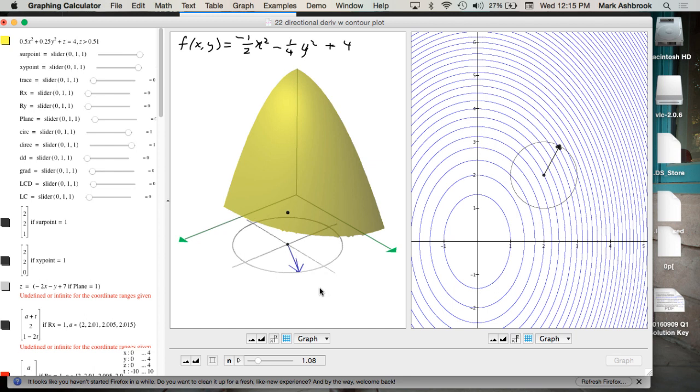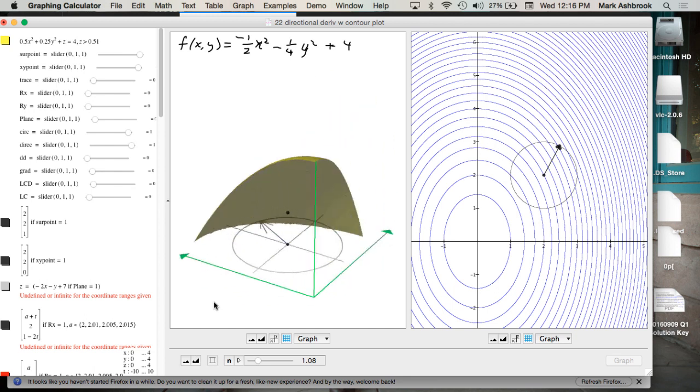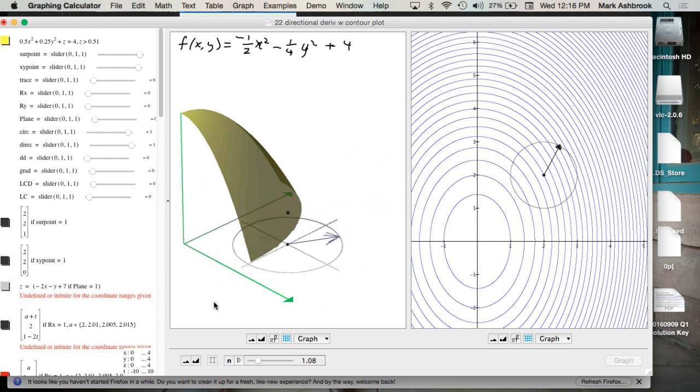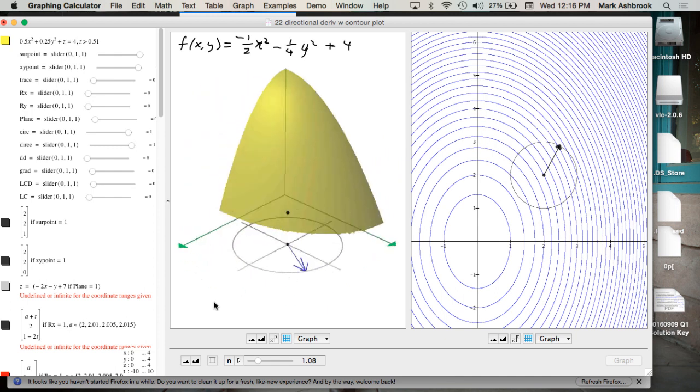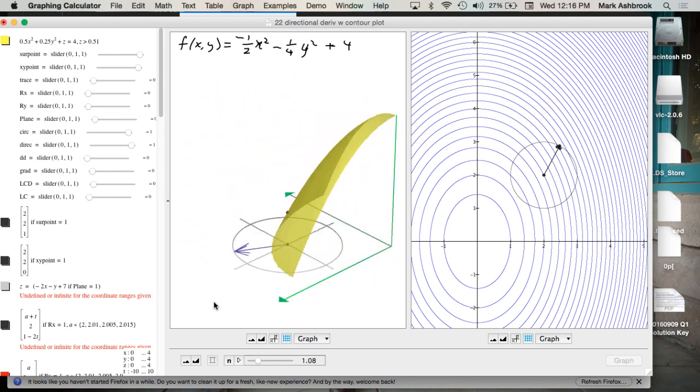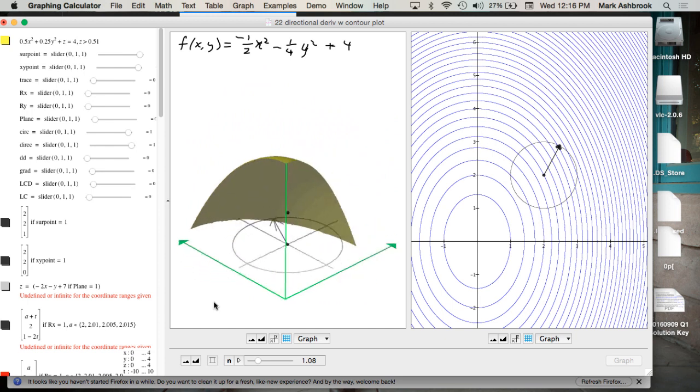So first of all, before we calculate that, can you say anything about that? Can you make a prediction? Probably negative. Probably or definitely? Definitely, right?